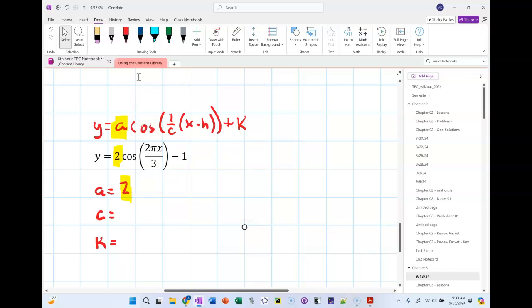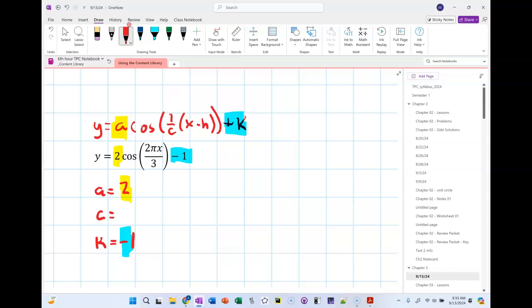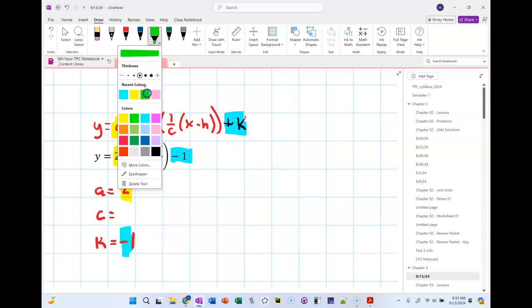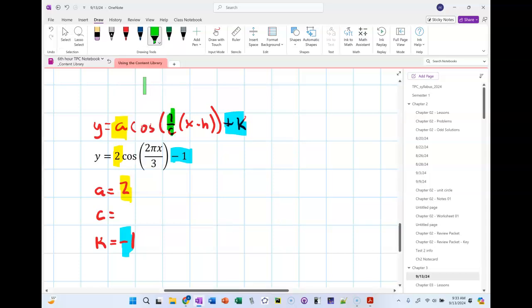I think I did K next. Let's just keep my colors the same. So the K here is -1. Make sure we take our negative sign with us there. Even though it's -1 at the end, I'm going to take that negative with us with our K. And then our C is, well, 1 over C is going to be 2 pi over 3, right?